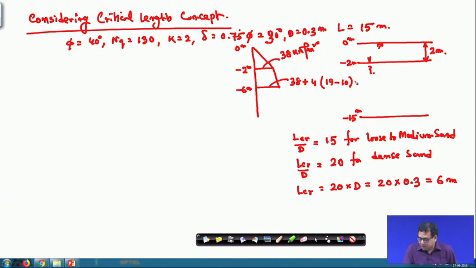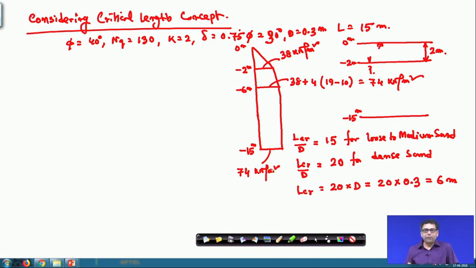So, that value is 74 kilonewton per meter square. Then from 6 meter up to 15 meter, the stress will not change, because that is the concept of critical length theory. So, here also this is 74 kilonewton per meter square. Now at the tip also we are considering 74 kilonewton per meter square.